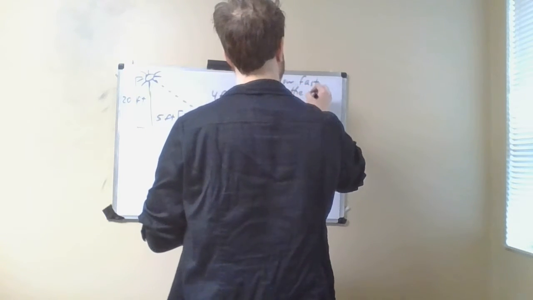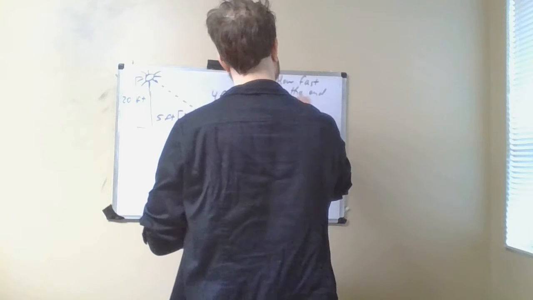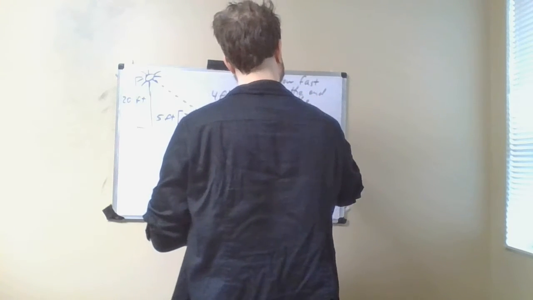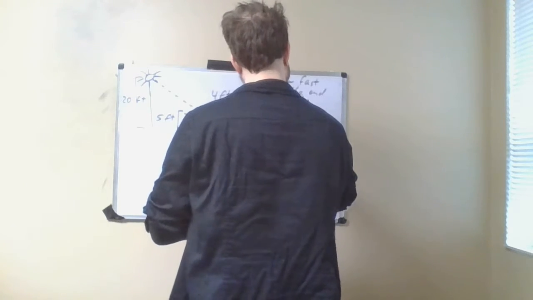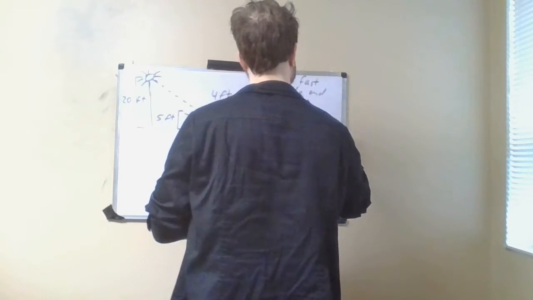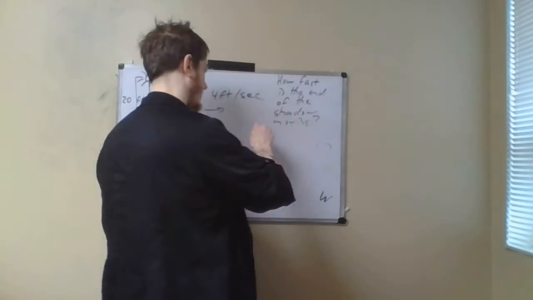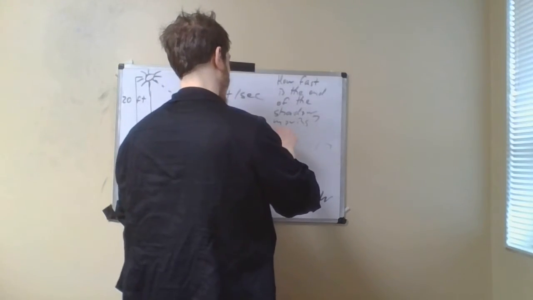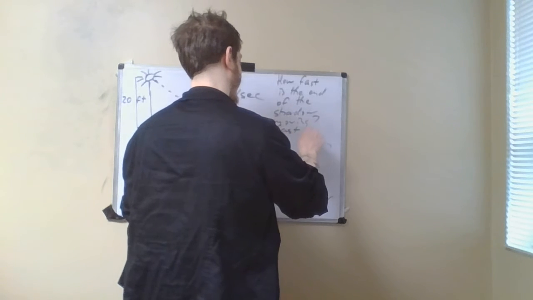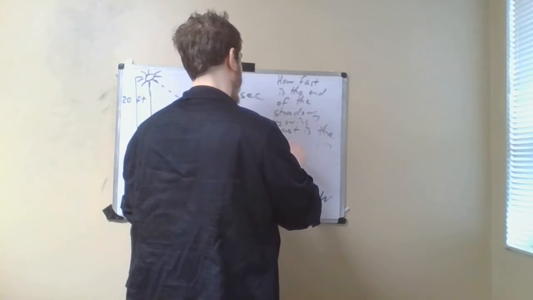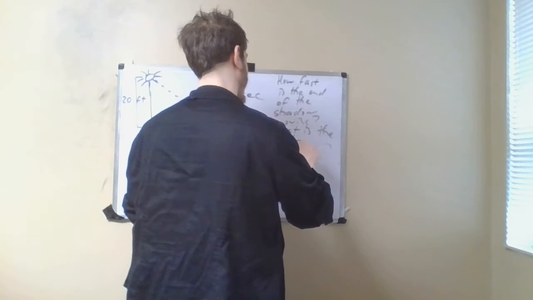So let me write that down. That's not how you spell shadow. And then let's also ask, how fast is the shadow's length increasing? So that's a slightly different but very closely related question.